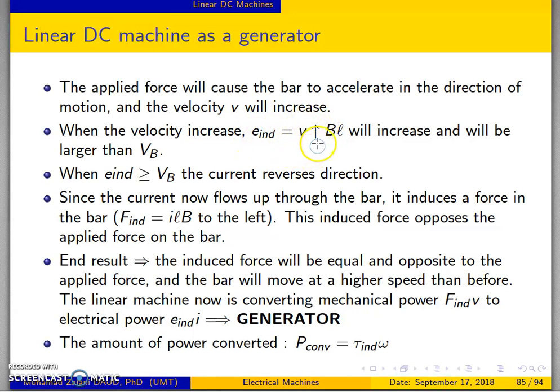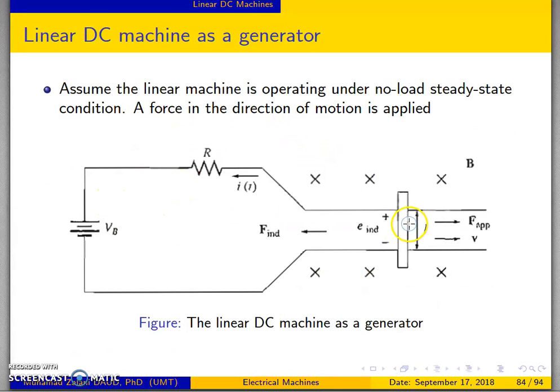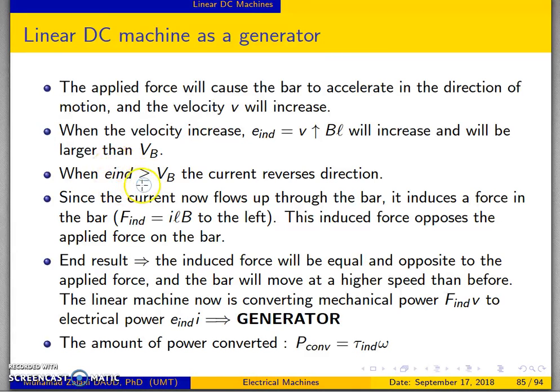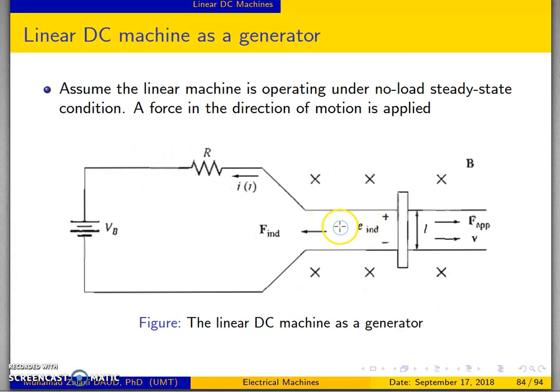After some time, the induced voltage is larger than VB, larger than the source. So in this case, E_in is larger than VB.